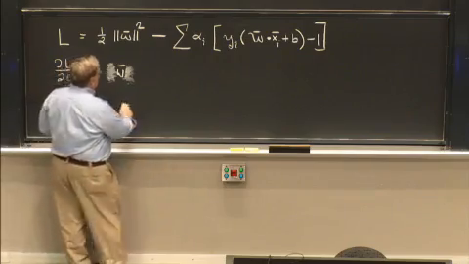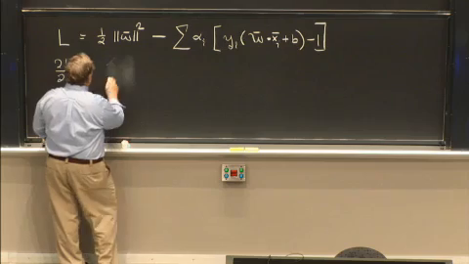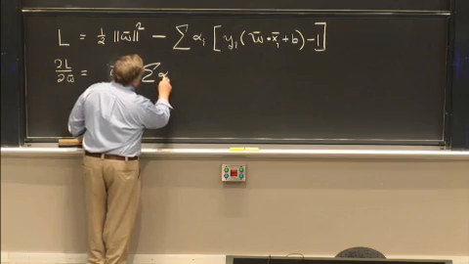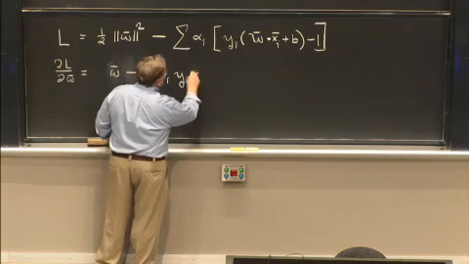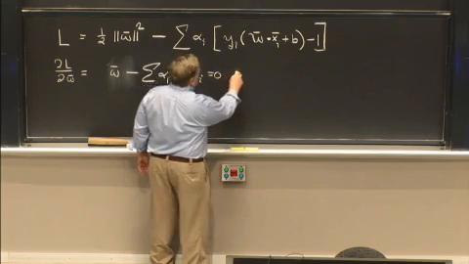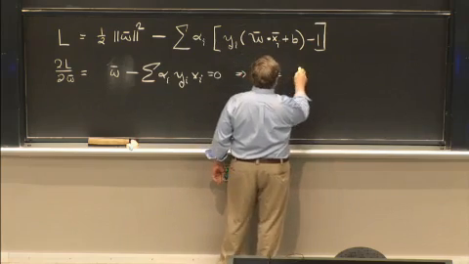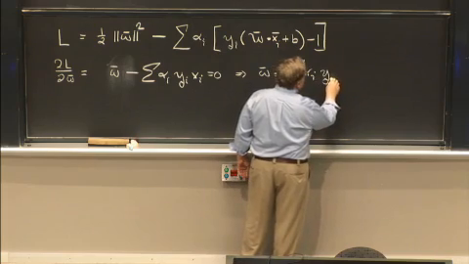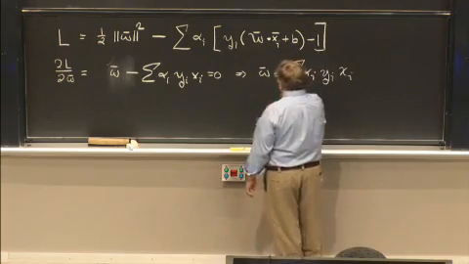So that means that this derivative of the Lagrangian with respect to W is going to be equal to W minus the sum of alpha sub I, Y sub I, X sub I. And that's got to be set to 0. And that implies that W is equal to the sum of some alpha I, some scalars, times this minus 1 or plus 1 variable times X sub I over I.